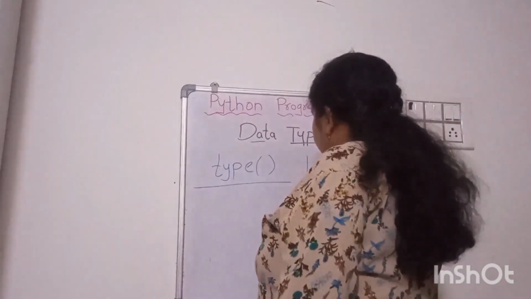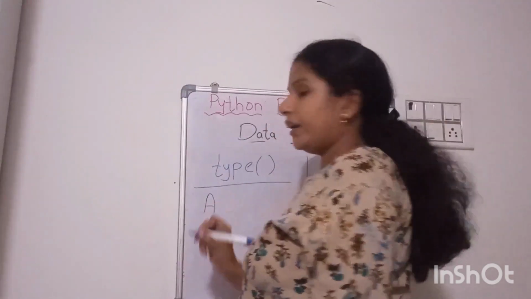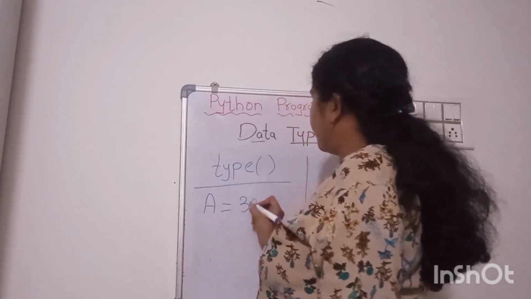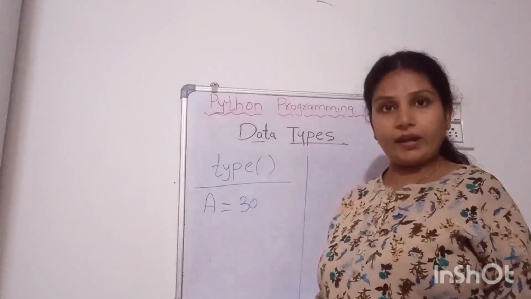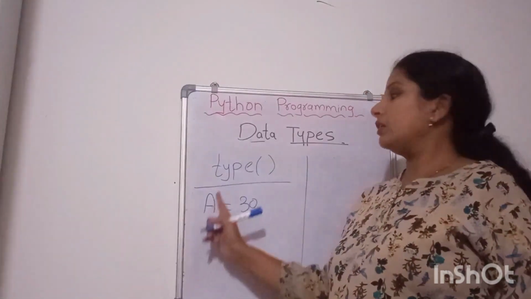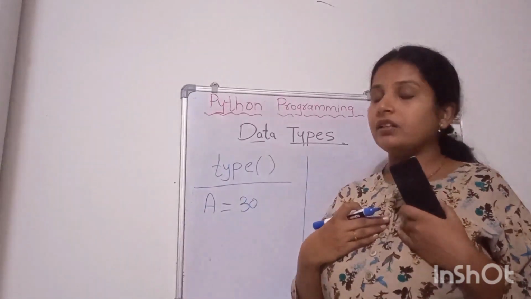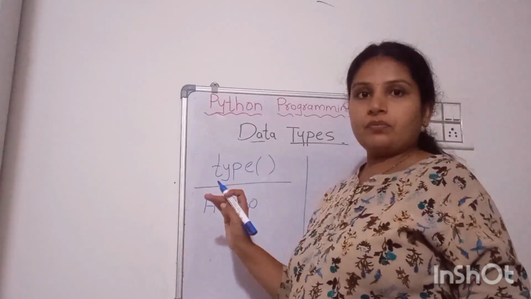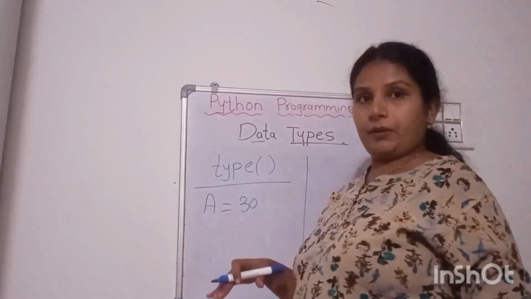Okay, so how are we going to use it? In the program, I am taking the variable a and I am assigning the value 30 to a. So a is the variable and 30 is the value. Then I need to know which type a belongs to, I am a beginner, so I need to know what is the type of a.